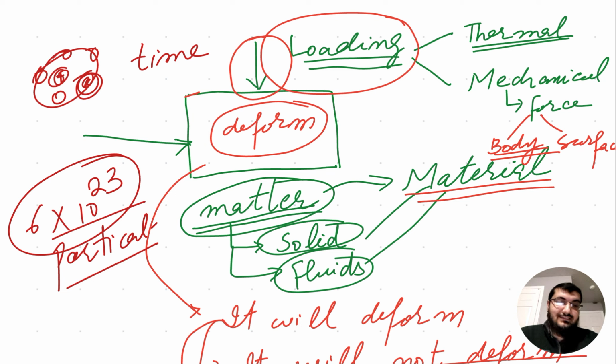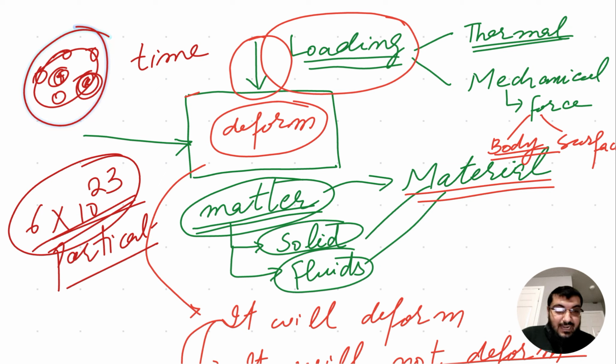So how can you analyze the material? With the application of loading, when you start analyzing a material over discrete points, how can you analyze it when you have to deal with such a huge amount of particles, also incorporating the dynamics of charges within a single atom and the dynamics with respect to time?